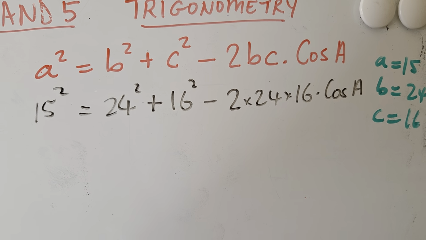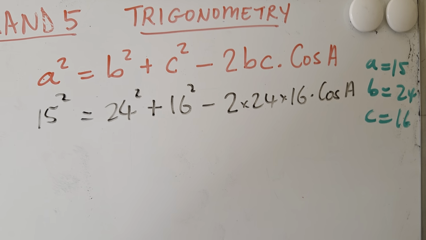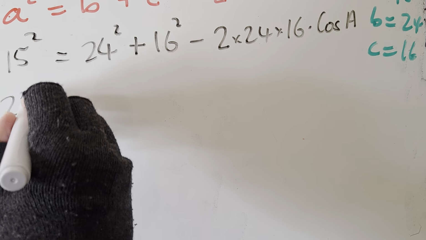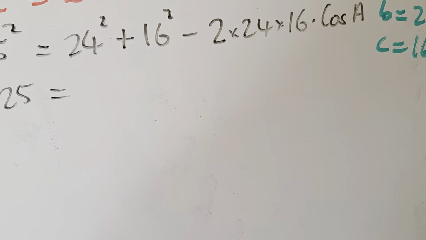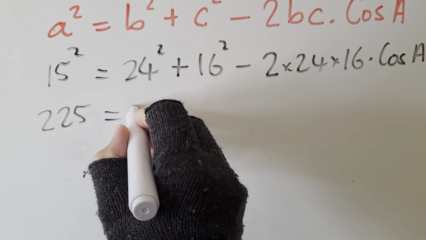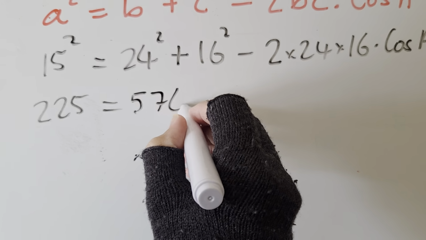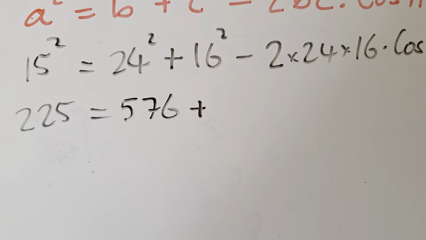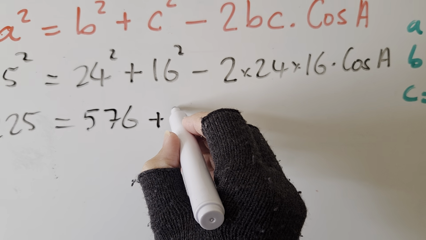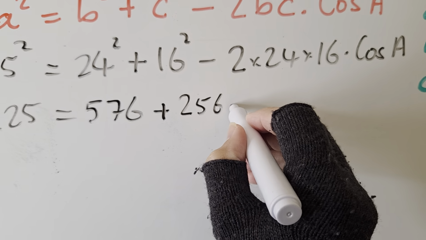So using the calculator, the square of 15 times 15 is equal to 225. The square of 24 is 576. The square of 16 times 16 is 256.